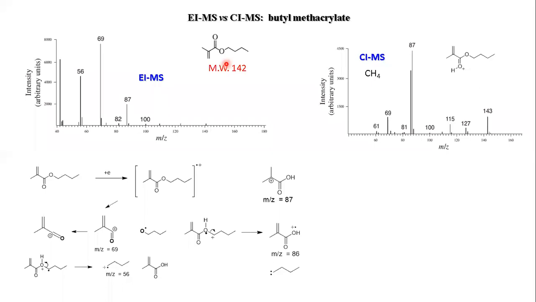CIMS is based on proton affinity, as I told. So can you imagine, methane and this molecule, whether they will have close values of proton affinity, or there will be much difference? What do you think?